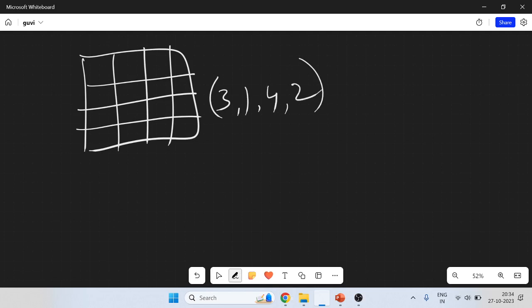Suppose I take a 4 queens problem, we have to come up with 4 numbers. What is the location for the first queen, which column, location for the second queen, location for the third queen, location for the fourth queen, in that way.